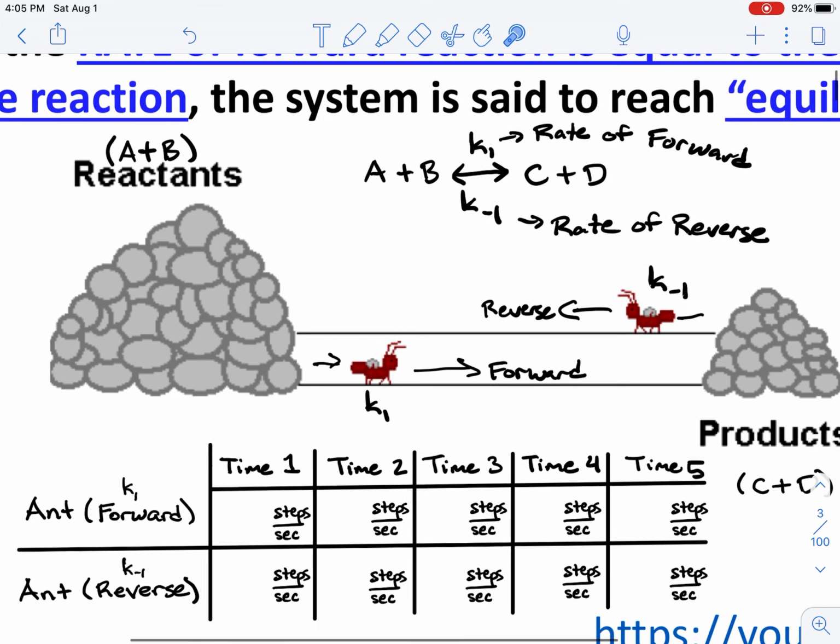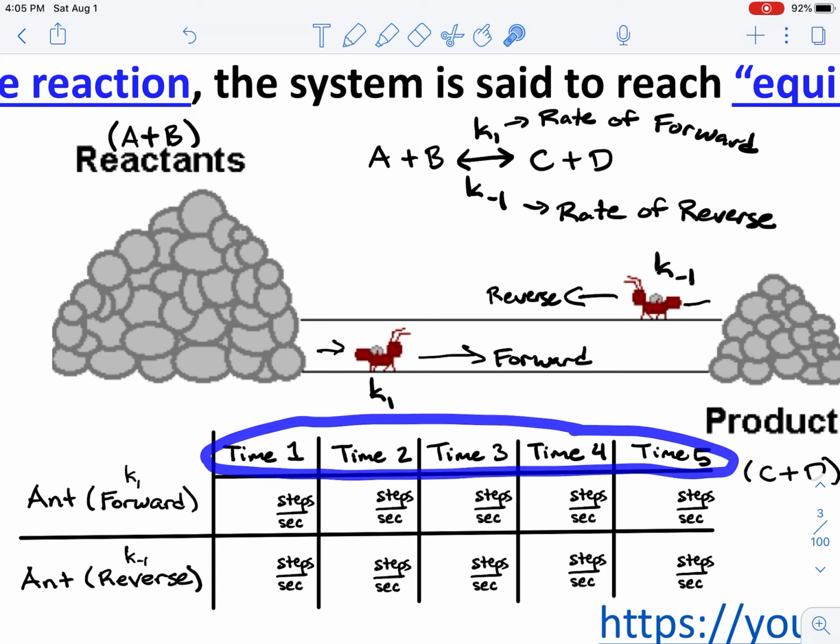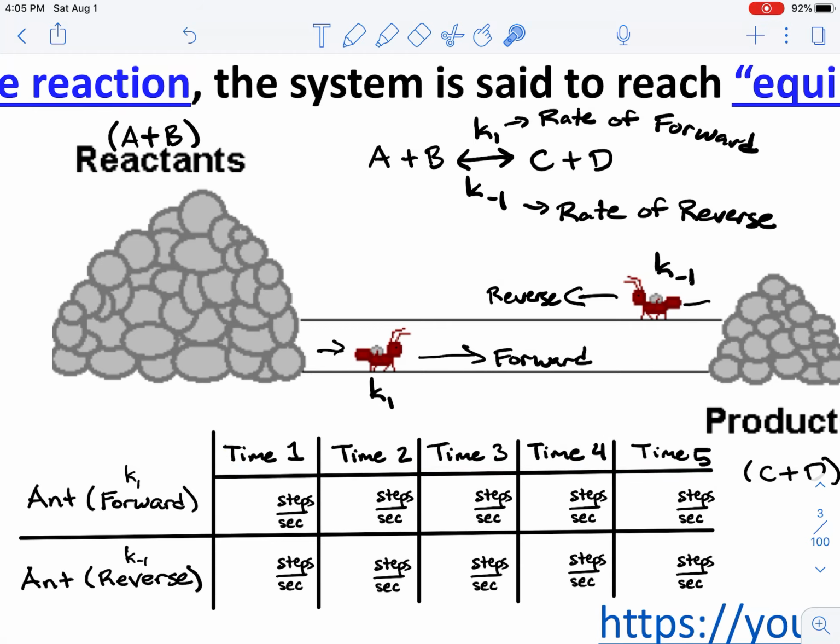And so looking at the top row of this table, notice we have time 1, 2, 3, 4, and time 5. And so you guys can imagine these times as snapshots of their instantaneous rates.